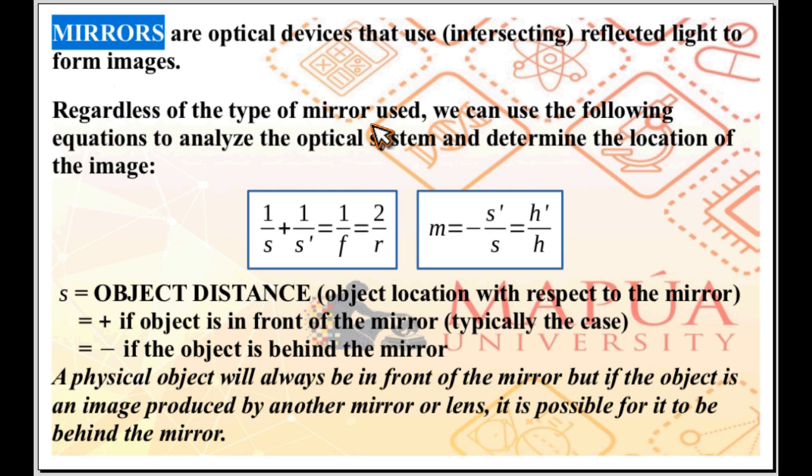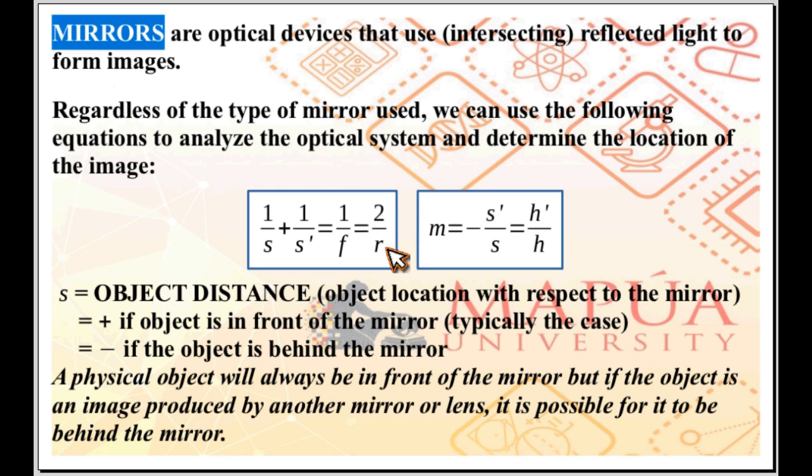Regardless of the type of mirror used, we can use the following equations to analyze the optical system and determine the location of the image. You have two equations. You have 1 over S plus 1 over S prime is equal to 1 over F is equal to 2 over R. Even without knowing what these variables are, from the equation, we see that 1 over F is equal to 2 over R. Thus, F is equal to R over 2.